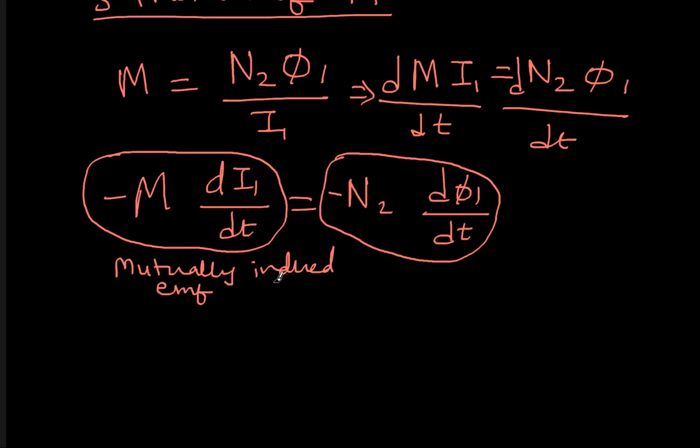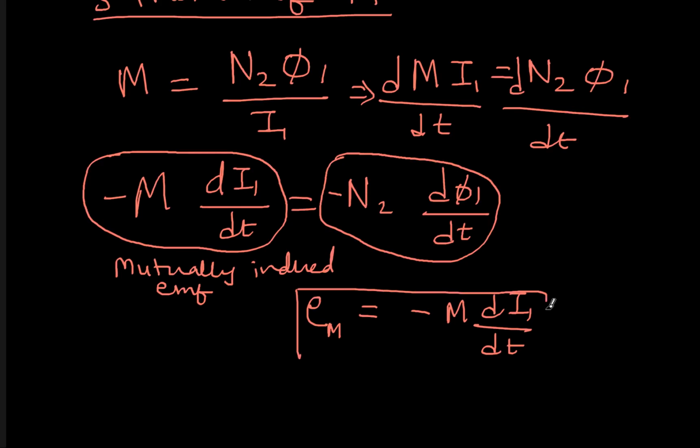So overall I can write the mutually induced EMF is equal to minus M di1 by dt. This is the equation for the EMF induced due to mutual inductance. If you know this quantity and you know di by dt, then you can find M. So this is again the third method.